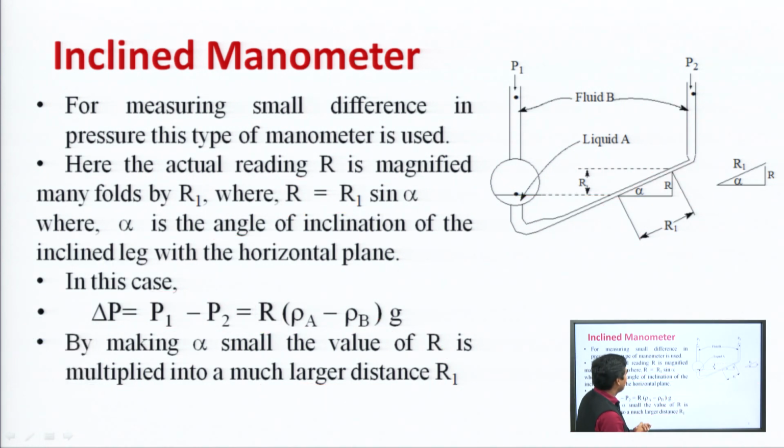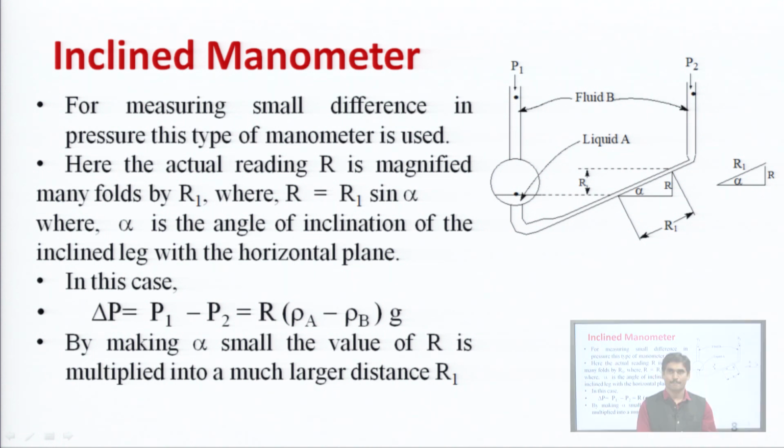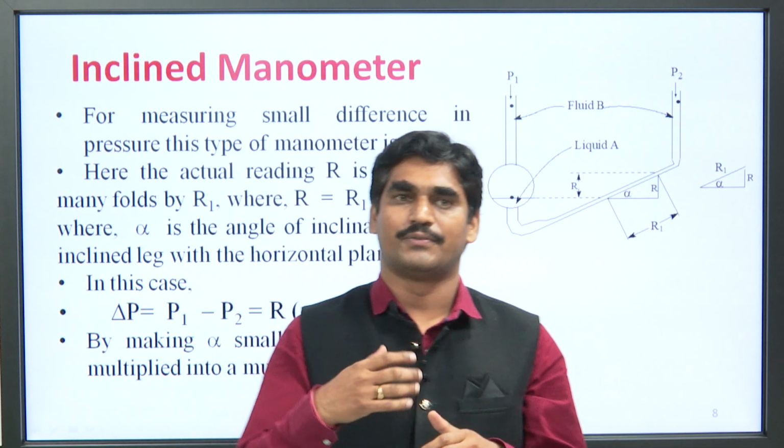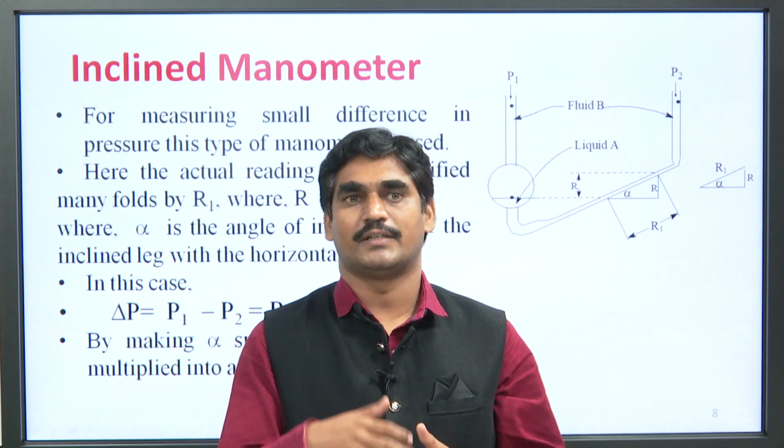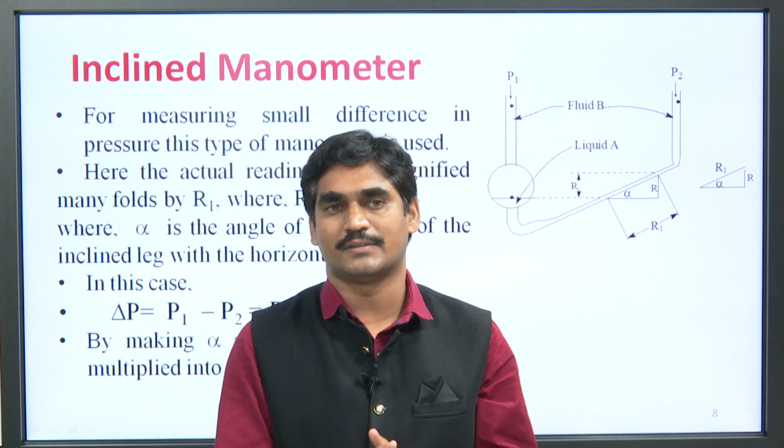So, in this way we can measure the pressure with the help of the inclined manometer. In this lecture we have studied the basics of fluid flow, what fluid flow is, and different mechanisms of fluid flow, that is fluid statics and fluid dynamics.